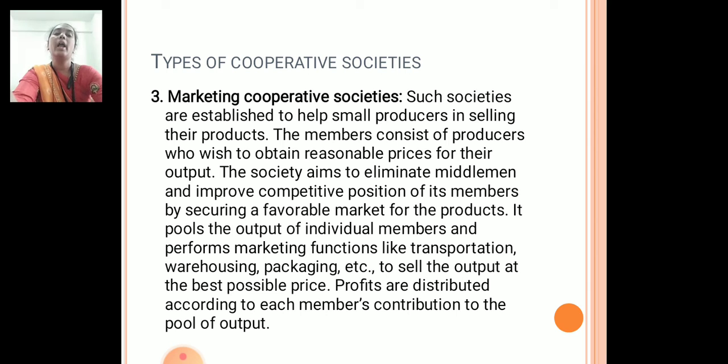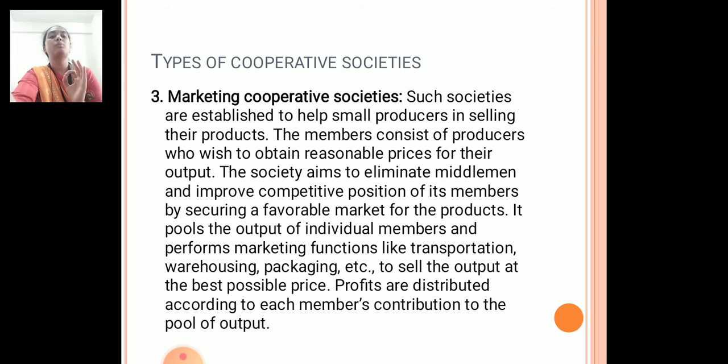So in order to help small producers sell their products where there is a need, at far places, this marketing cooperative society helps by creating a pool of the output of individual members of that society, and does all the marketing functions like transportation, warehousing, packaging in order to sell the output at the best possible price.